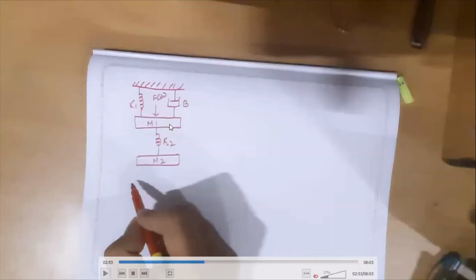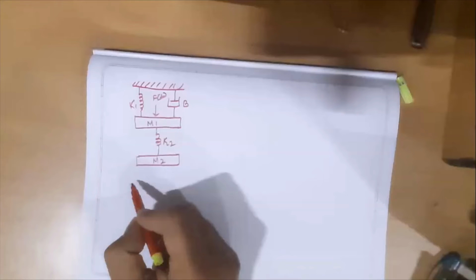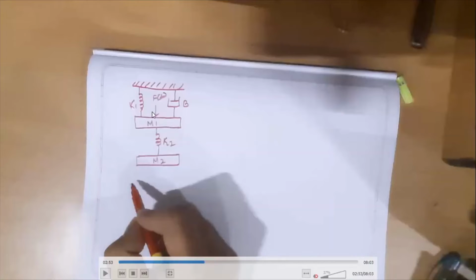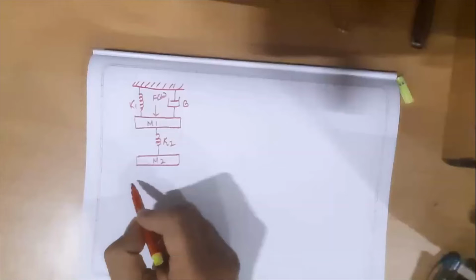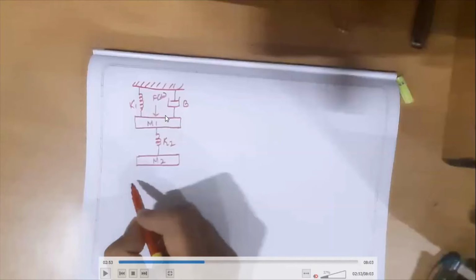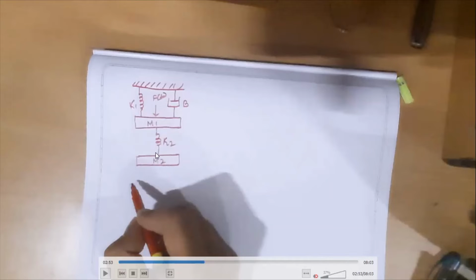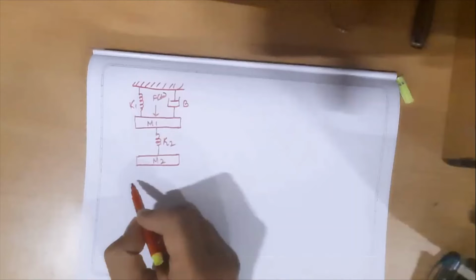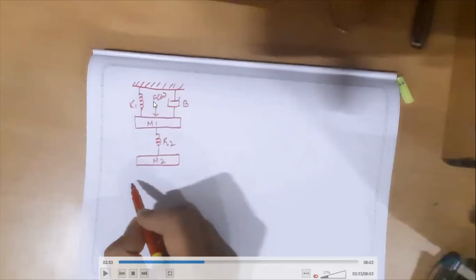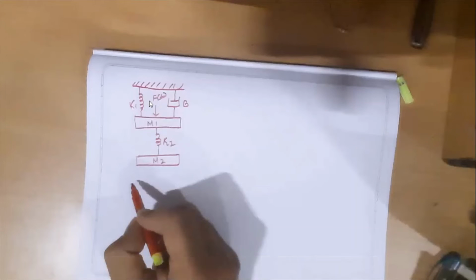Fine. Then the question is, there is only one input, that is force f of t. So the question is whether this force f of t has any impact on m2.